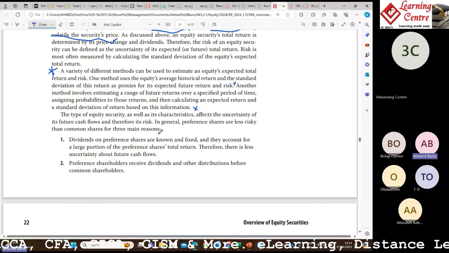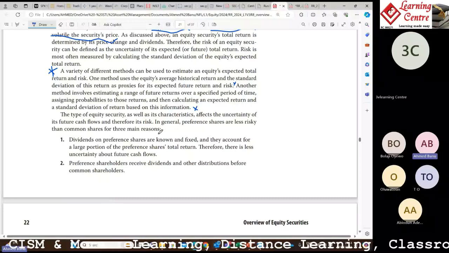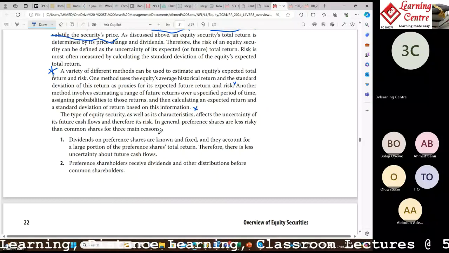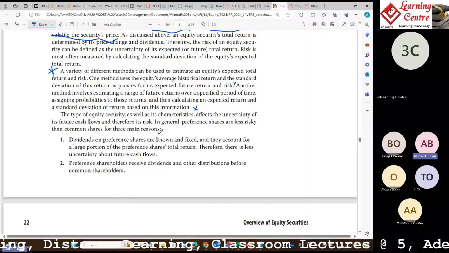In general, preference shares are less risky than common shares for three reasons, which is what I've mentioned now. One, your dividends are known and are fixed. Two, when dividends are paid, you receive dividends first as a preference shareholder before a common shareholder.